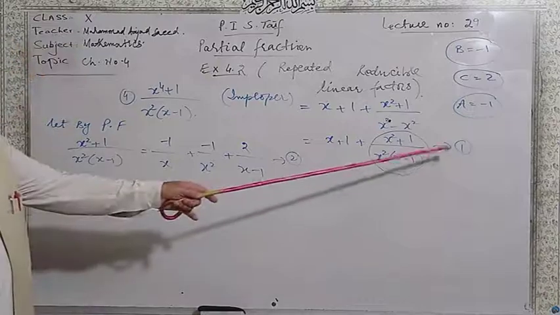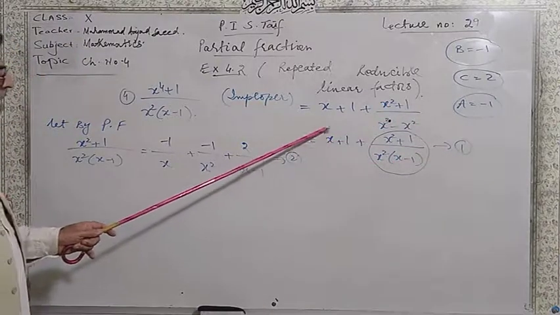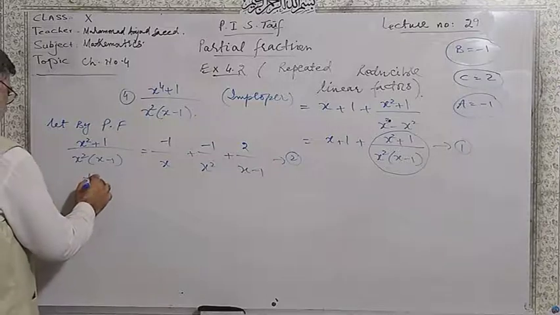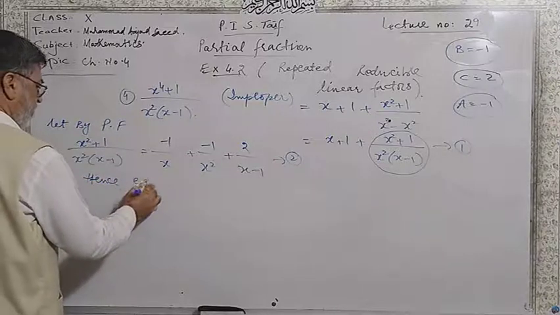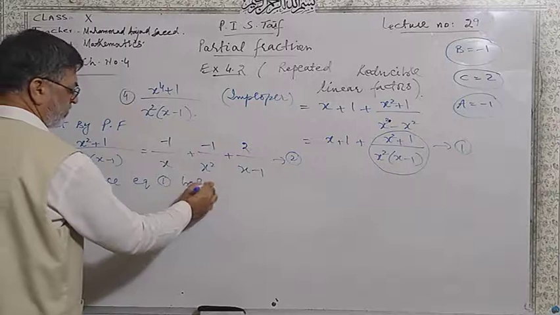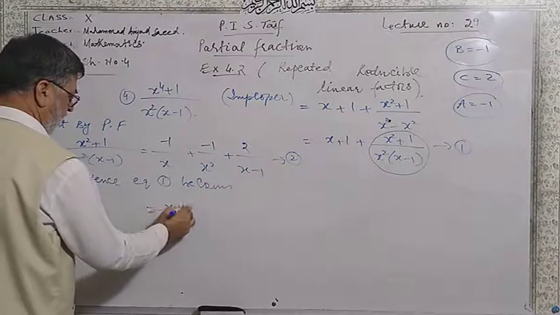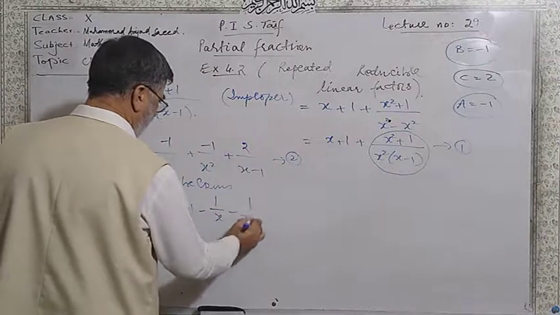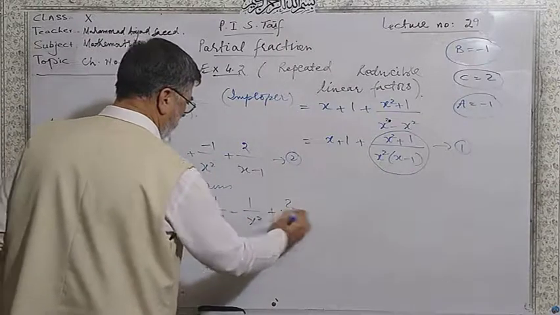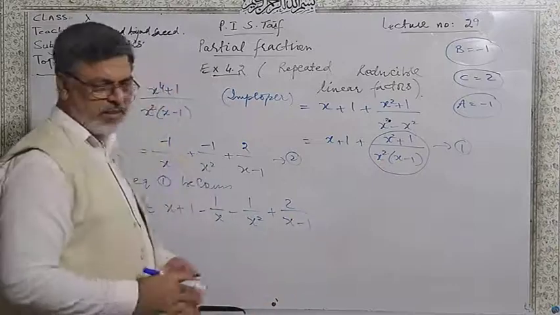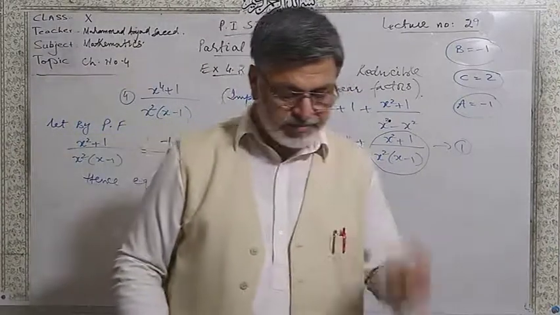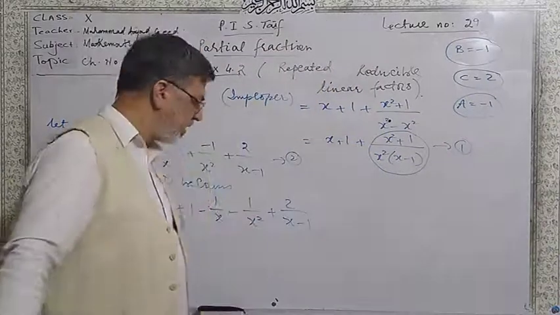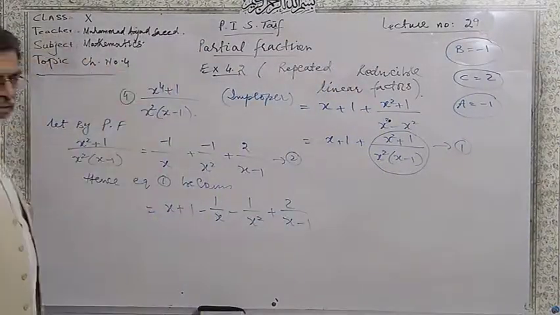Hence equation 1 becomes, because this is the part of your solution set, x plus 1 minus 1 over x minus 1 over x square plus 2 over x minus 1. That is your required answer. I hope that you got the idea.